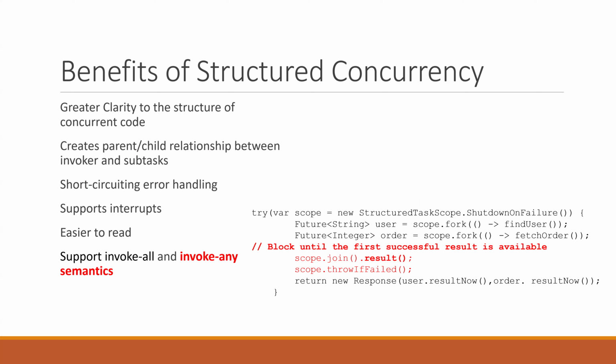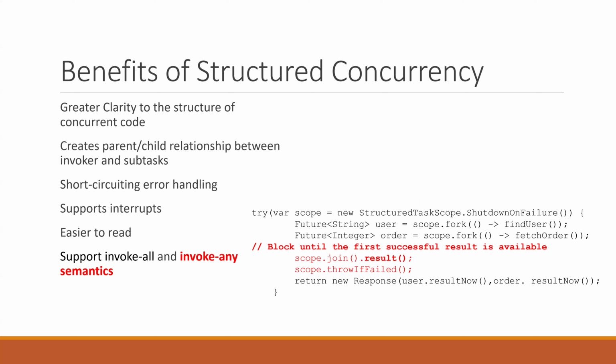So if I do the result invoke any in this one, it's kind of a dumb example. I hate to say that, but it is, because my response is only going to get one of those, a user or an order. The other one is going to be missed. And do I know which one it is? I have no clue.